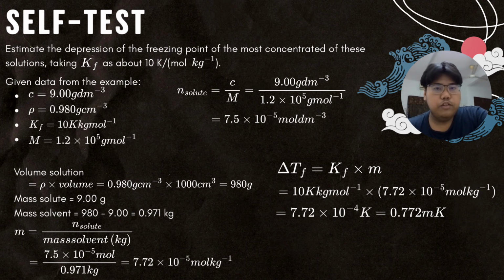Lastly, we use the equation of depression of the freezing point, which equals the constant value times molality. We substitute the molality value that we calculated into this equation, and the final answer we will get is 7.72 times 10 to the power of negative 4 K, or we can round it off to 0.772 mK.